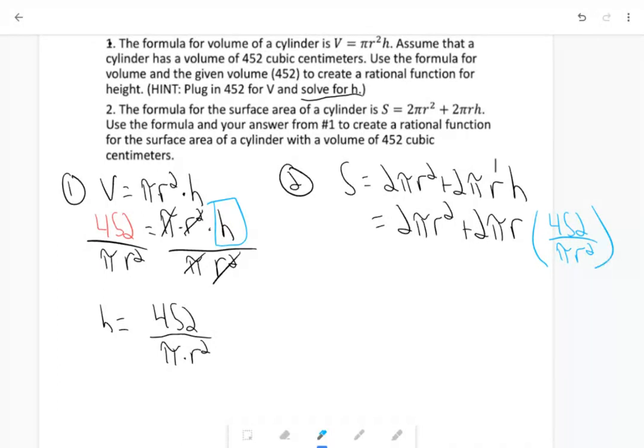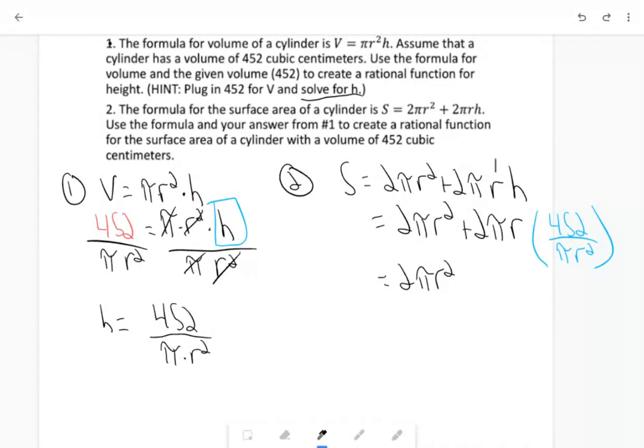And now I'm going to simplify this. This first part right here, I can't simplify, so that has to stay. But I can simplify this part of the formula.